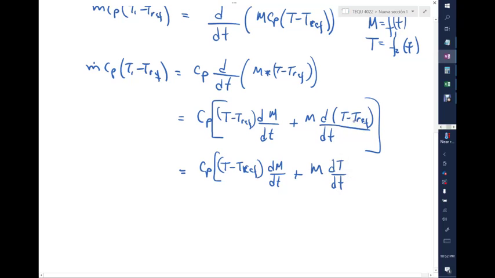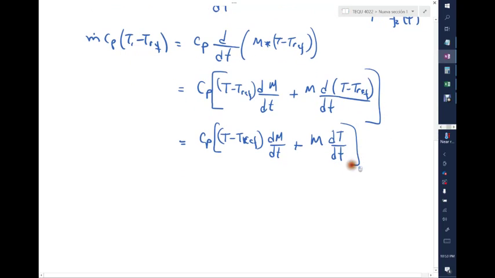If this is a constant, the derivative will be 0, and we end up with this equation. Close the parentheses, and we bring the other stuff back, m dot Cp (T1 minus T reference), and here we go.